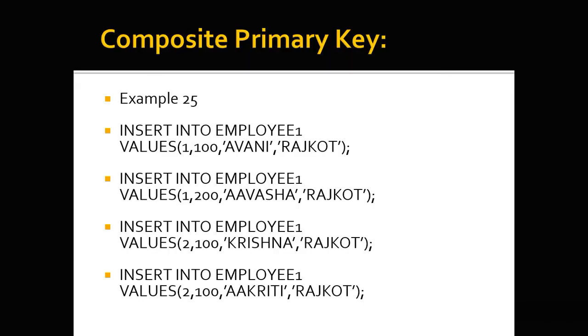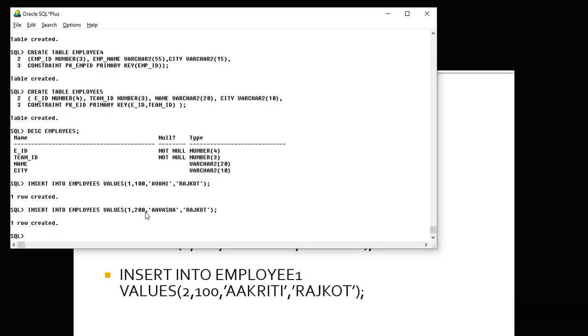Let me insert one more record in the employee 5 table. Insert into employee 5, values are, I'm going to change the value for EID, that is here I have taken 2, and the value for team ID is 100. Fine.